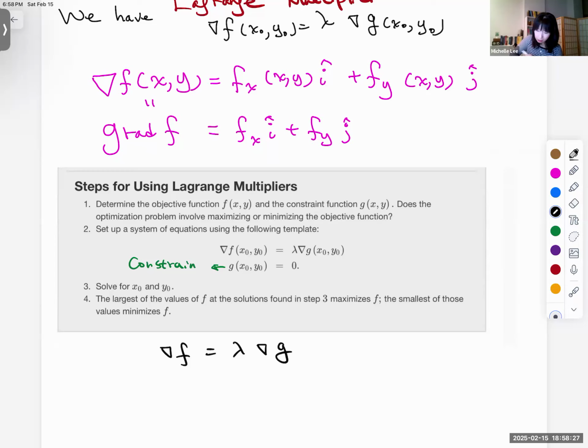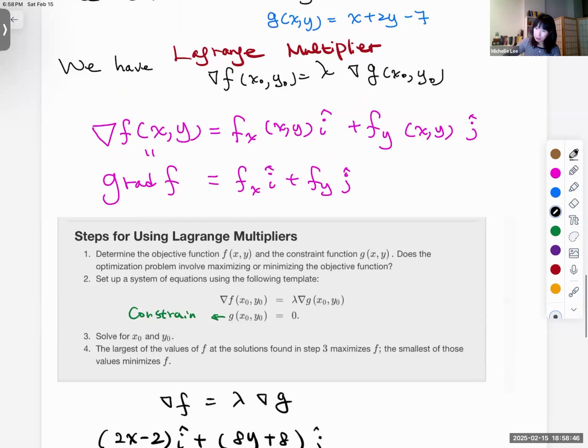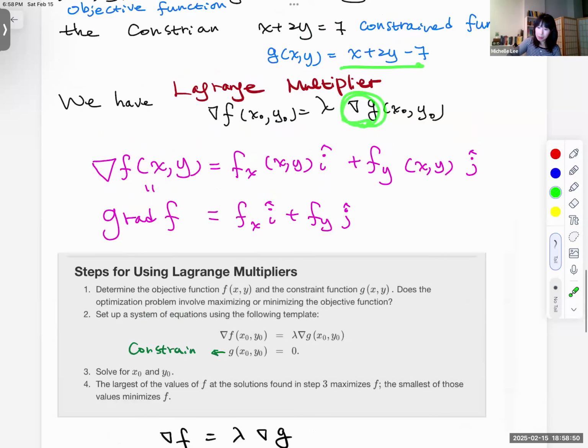Then the left side we have (2x minus 2)i plus (8y plus 8)j, right? J hat. And then we need to find the gradient of g.